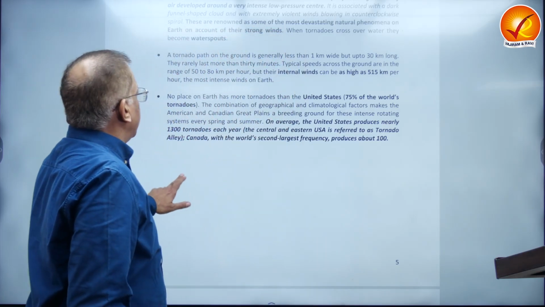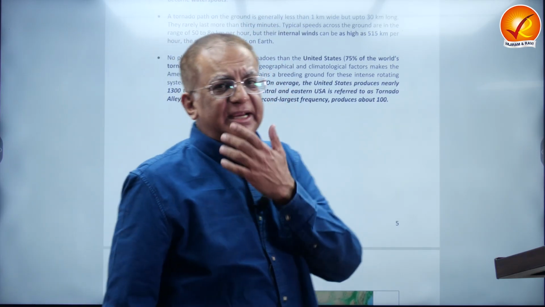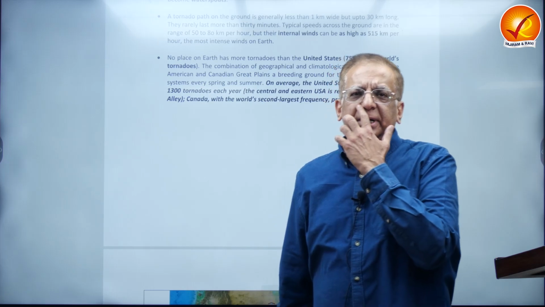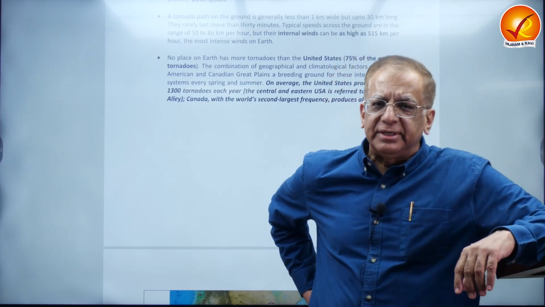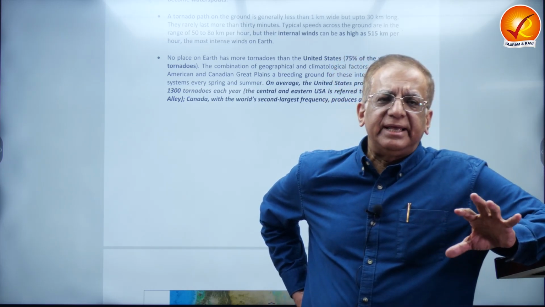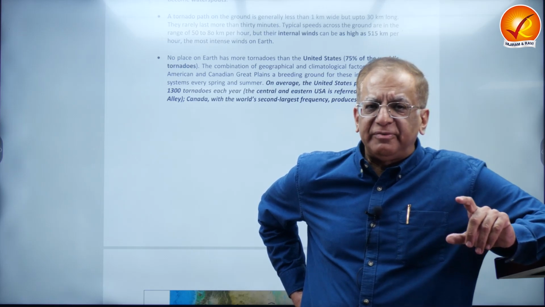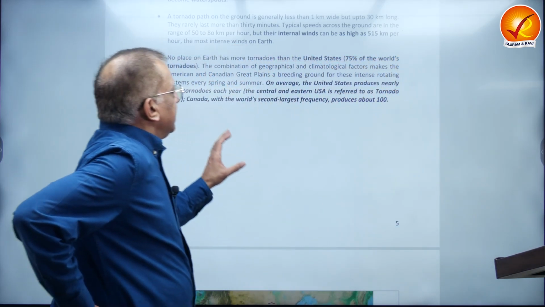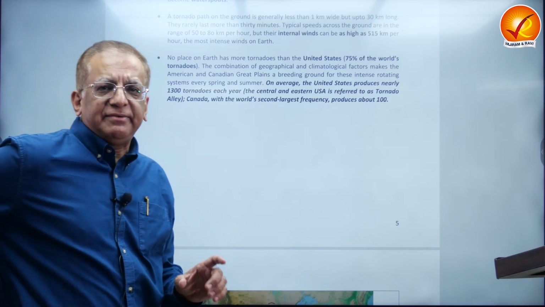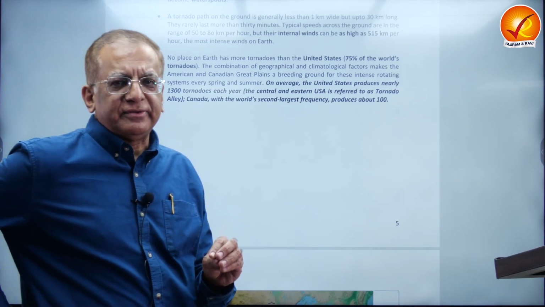Now see, the question has given the second part, that we have to account for the reason why they are seen more in the areas of the US near the Gulf of Mexico. In fact, before we come to that, the US is the country having most of the tornadoes of the world.